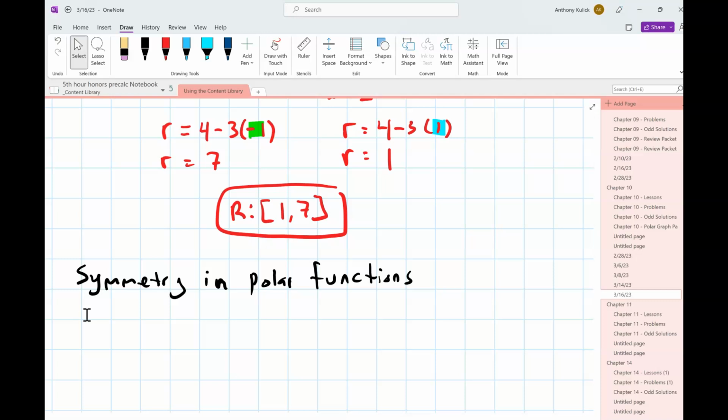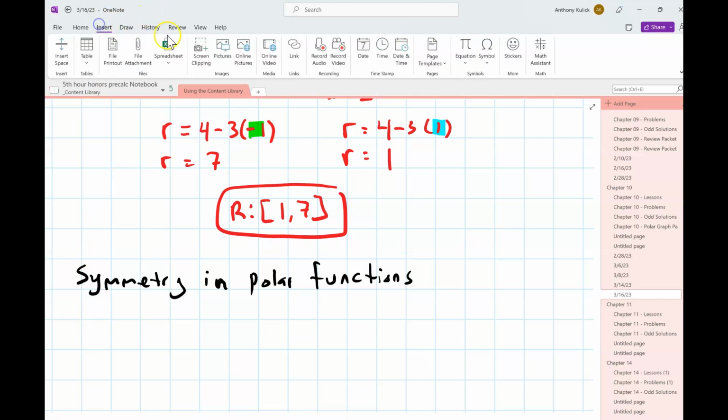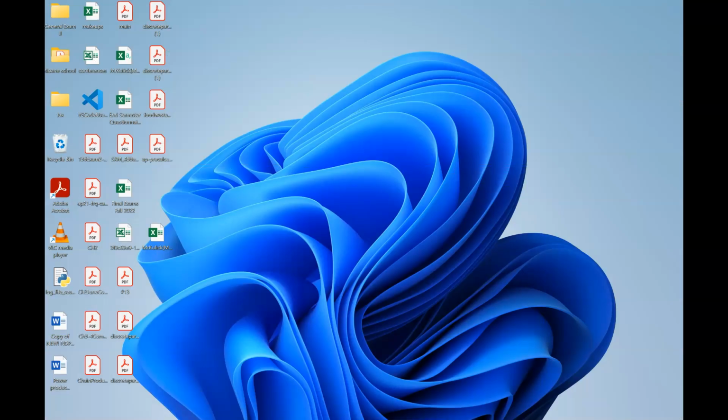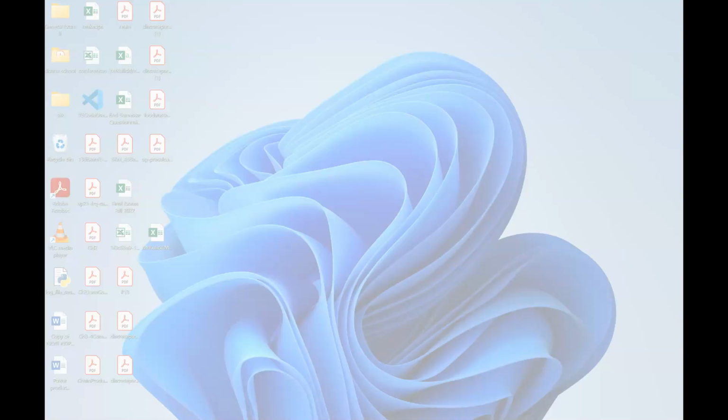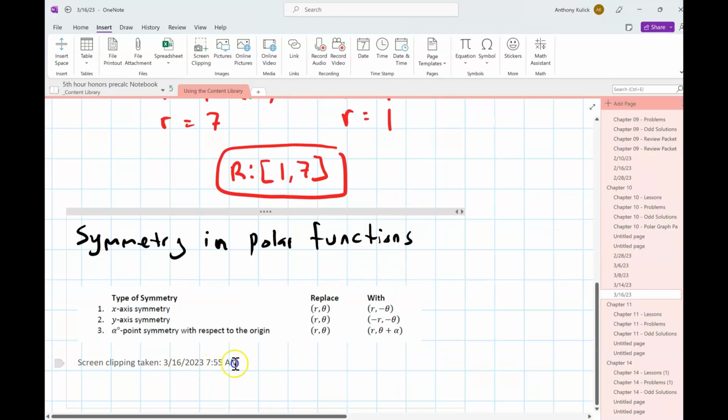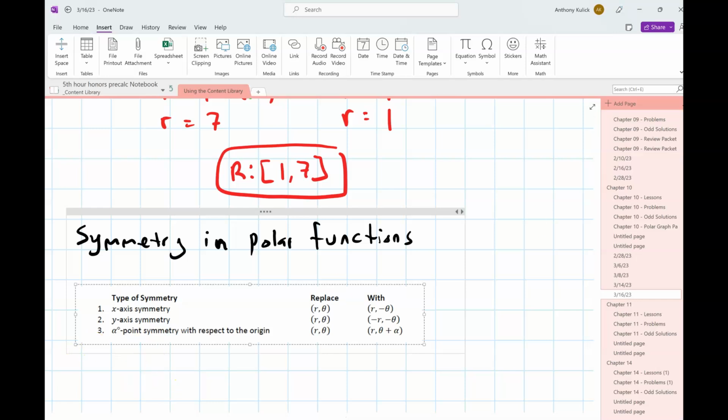We have symmetry with respect to the x-axis, symmetry with respect to the y-axis, and then that rotational symmetry, right? So the same thing is going to exist here. So we have 3 types of symmetry: x-axis, y-axis, and alpha point symmetry.